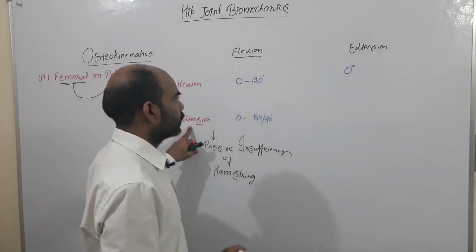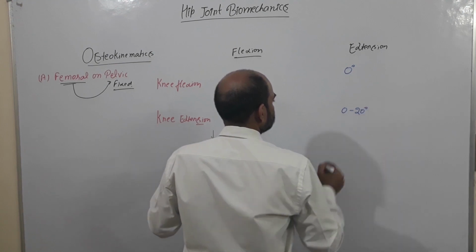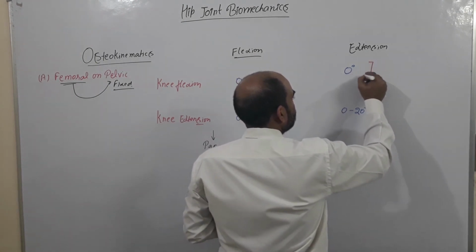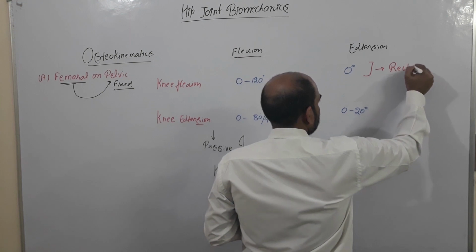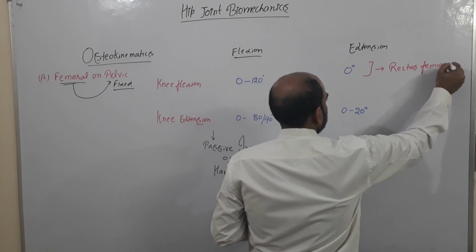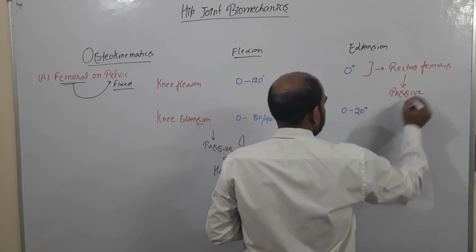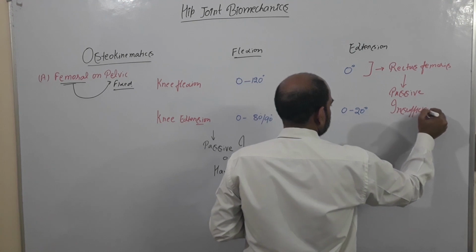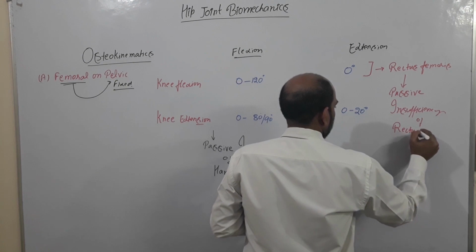If knee joint is in extension, hip extension is around 0 to 20 degree. This decreased range of motion is due to passive insufficiency of rectus femoris.